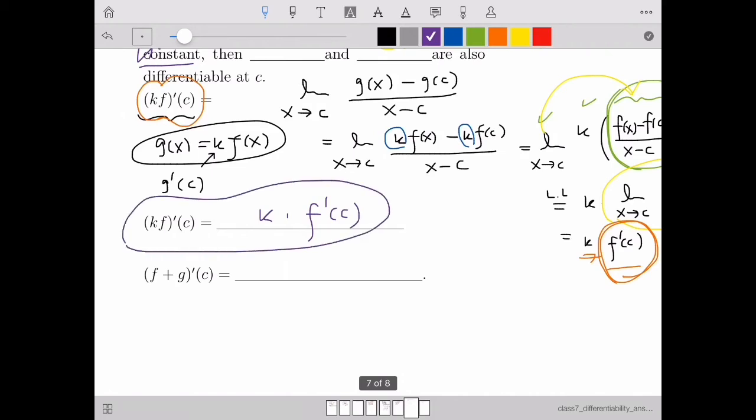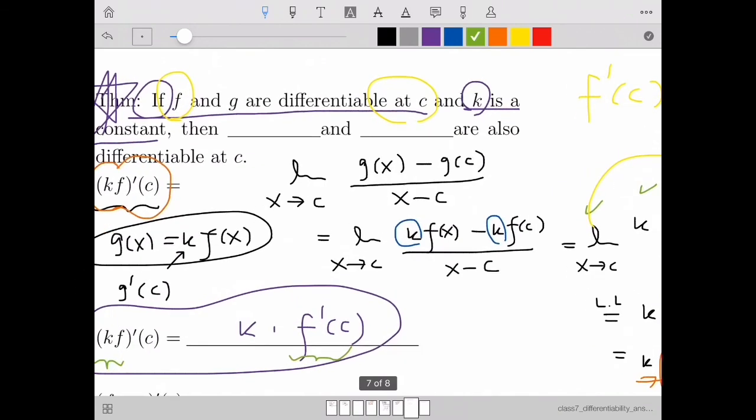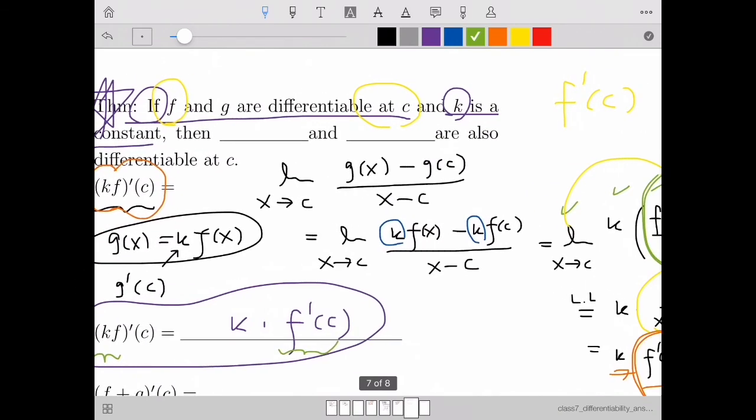So this is the constant multiple rule. So if f is differentiable at c, then kf is also differentiable at c. So the first blank is, if f is differentiable at c and k is a constant, then k times f is also differentiable at c.